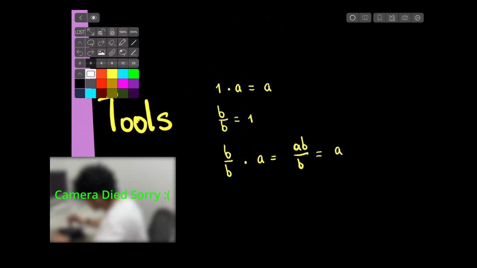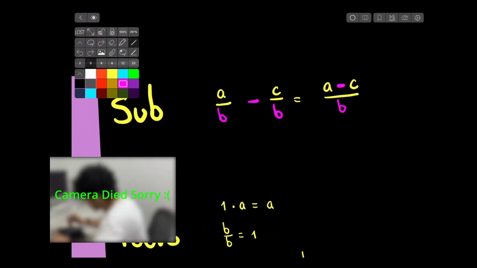Now finally, the only exercise that we have left is how do we subtract? Well, it's pretty simple. It's going to be the same exact thing as when we added. It's just that now we're subtracting. We want to make sure that the denominator is the exact same for both of these. If it's not the same, we can't subtract.